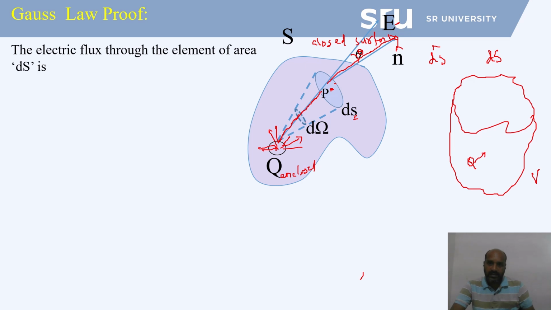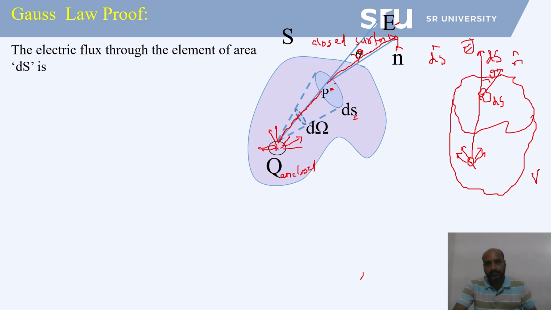Now this charge is producing electric field in all possible directions. But now you are selecting a differential surface ds, a small surface ds. This is an electric field line, one of the electric field lines passing through this surface ds. If you draw the direction of the ds, I mean the normal to the ds, this is the direction of ds, the normal.